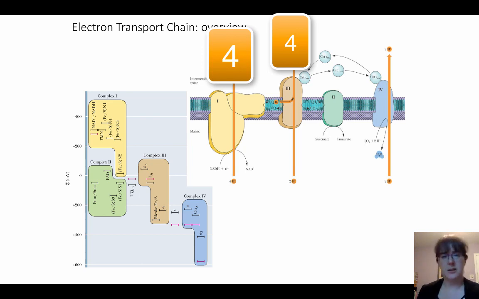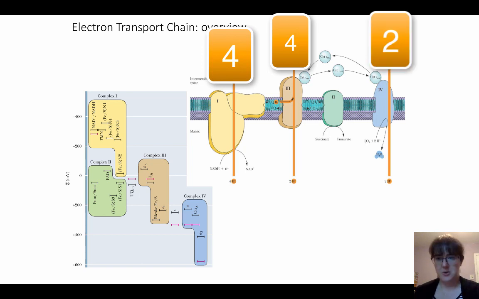Complex 2 is not going to contribute to any of the protons being pumped. It does contribute to the ubiquinone pool, so yes, you can always make the argument that it helps, but for the sake of simplicity, since complex 2 doesn't actually involve any protons, we're going to leave that one out of it. And then your complex 4 is also going to have the pumping of protons.